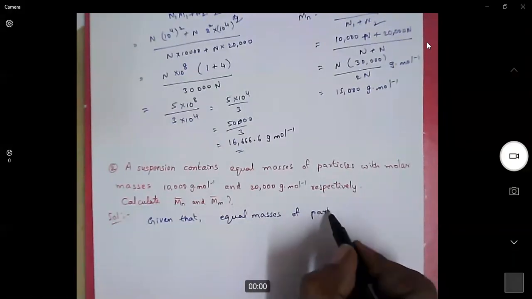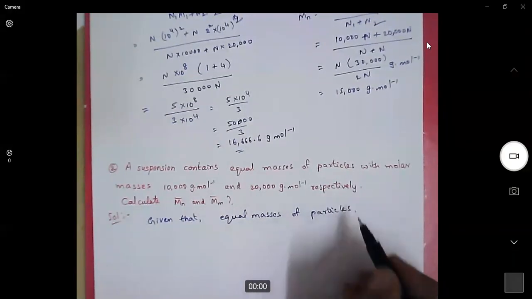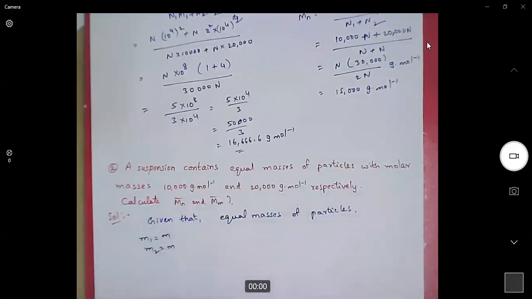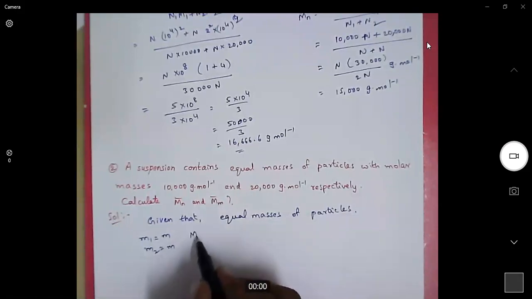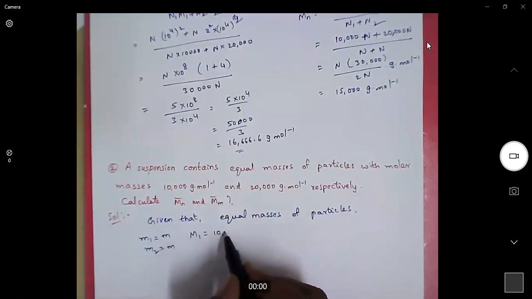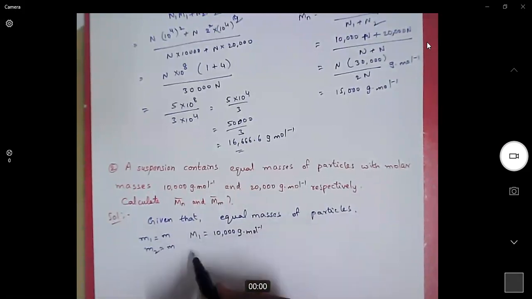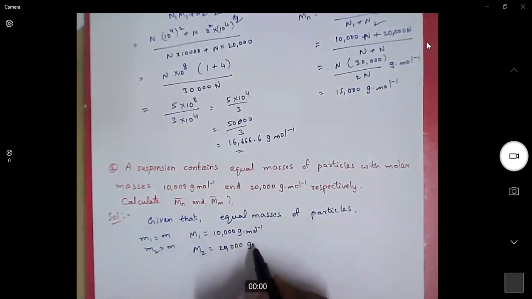There were two particles. So m1 is m, m2 is also m. Molar mass 1 for the first particle is 10,000 grams per mole. For the second particle it is 20,000 grams per mole.